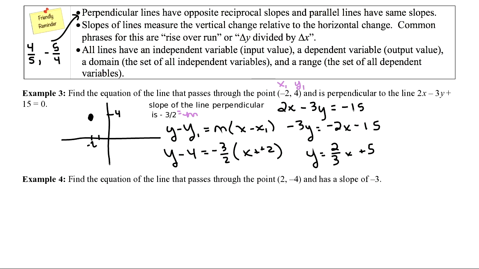This means that we're going to get y is equal to, you distribute the -3/2 to the x, so we get -3/2 x. And now I'm going to take that -3/2 right here, distribute it to the +2. So that's going to actually end up being then a -3. And then I'm going to add the 4 from the other side.